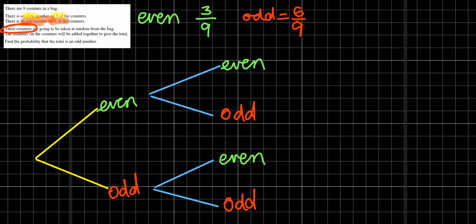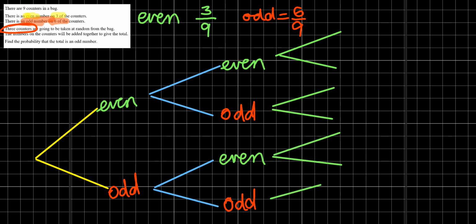So because we're picking it up 3 times, we're going to have even or odd, even or odd, the third time, even or odd, even or odd.